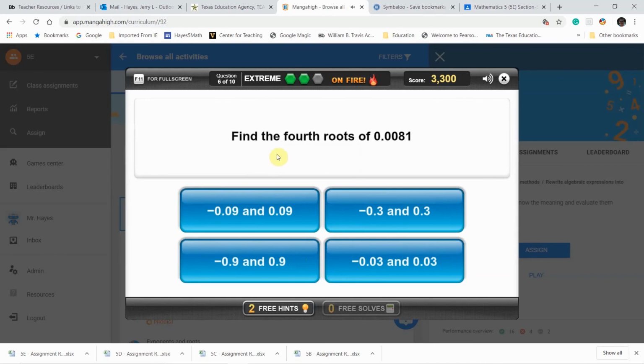Good. Find the fourth roots of 0.0081. Okay, so we know the fourth root of 81 is 3, right? So what would the roots be of 0.0081? Good question. We know the answer is going to involve 3, but is it going to be negative 0.03 or 0.03, or negative 0.3 and 0.3?